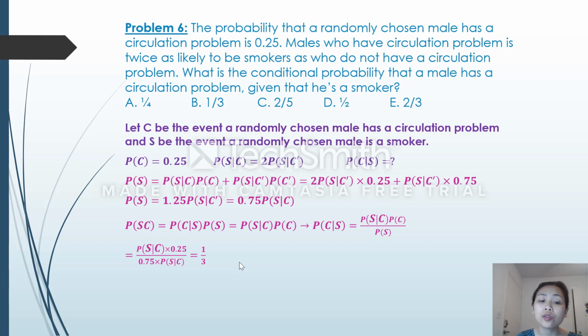So that becomes 0.25 over 0.75, which is 1/3. So the answer is B.